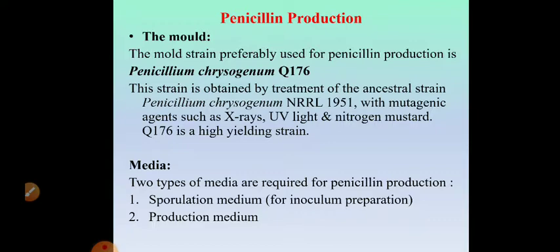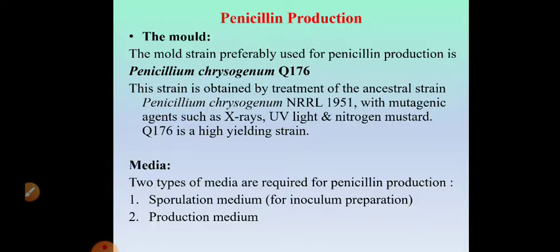And how is it mutated? By treating it with mutagenic agents like X-rays, UV light, or nitrogen mustard gas. Now, Q176 is a high-yielding strain. After multiple cycles of exposure to X-rays or UV rays, the Q176 strain was obtained. It's a very high-yielding strain.